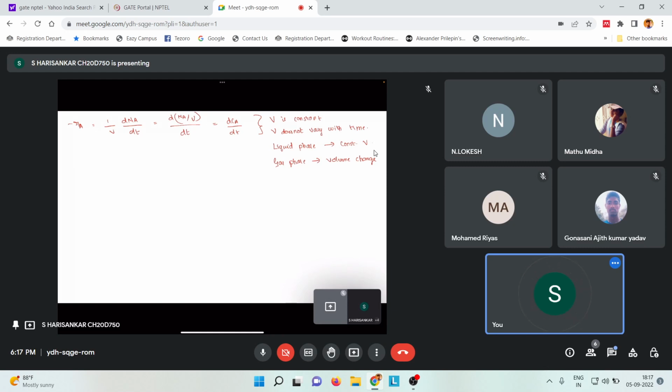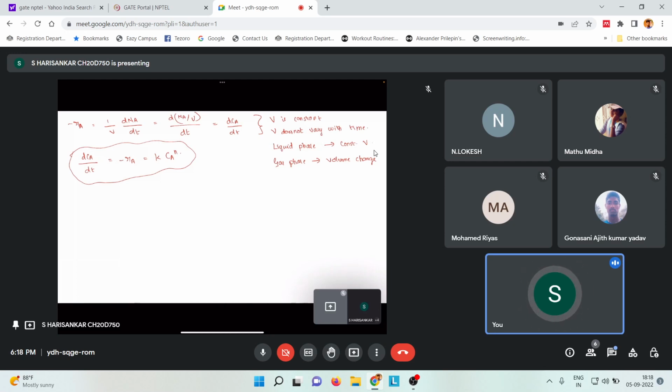So this dCa by dt is the reaction rate, and the other representation for reaction rate is k Ca raised to n. We'll be using this a lot to find the rate of reactions for different order reactions. Now, can anyone say what is the order of a reaction?